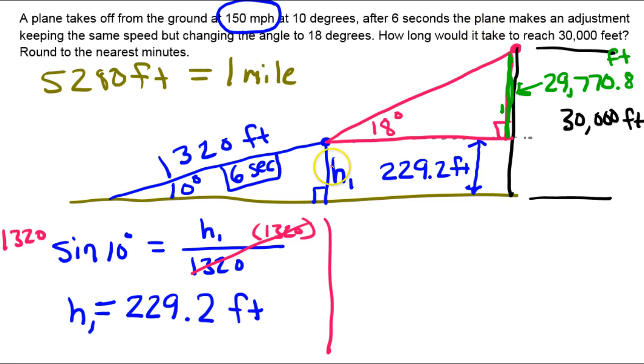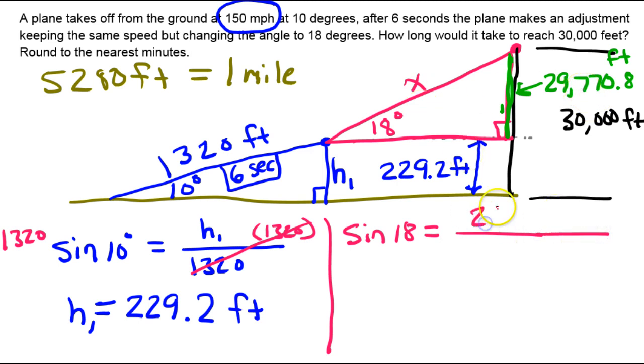I already used an H for this over here, so this is just going to be X. So if I want to find that, I'm going to use the sine function again. So sine of 18 is equal to opposite over hypotenuse.